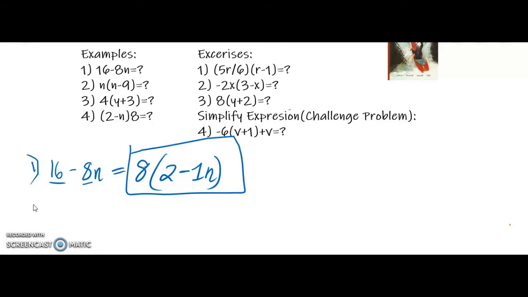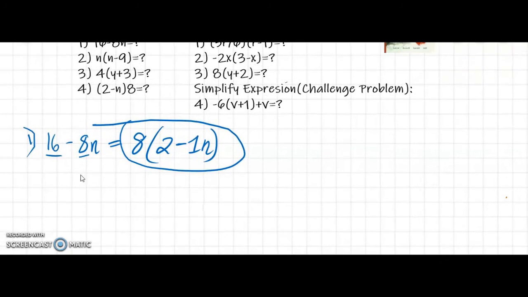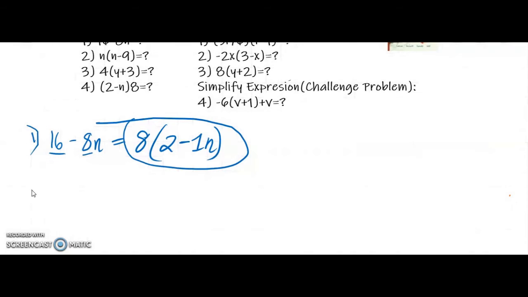For number 2 here, they gave us n times n minus 9. Now, we did it the way we factored it out, so now we have to distribute it, so we have to multiply it in.